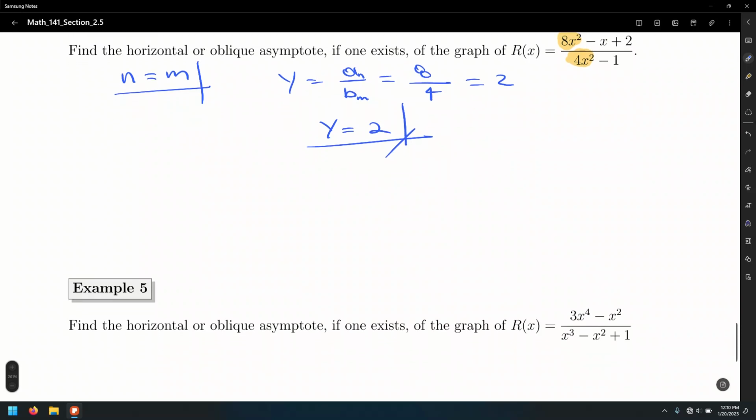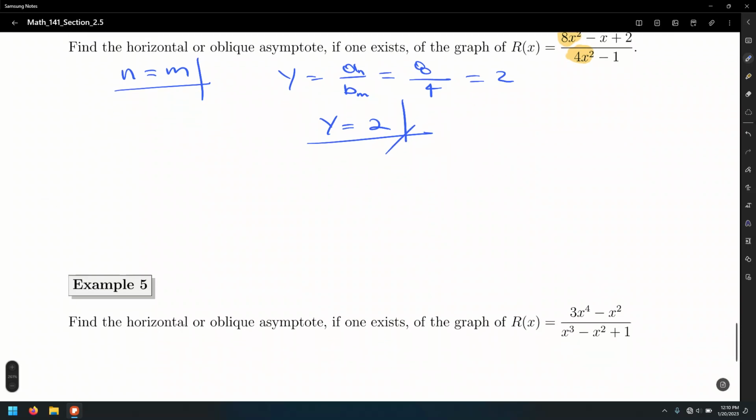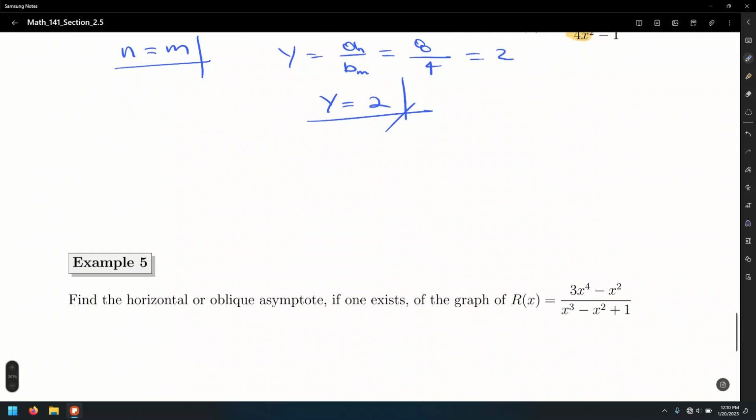Well, one more example: find the horizontal or oblique asymptote if one exists for the graph r of x equals 3x to the 4th power minus x squared divided by x cubed minus x squared plus 1. In this case, again, focus on the leading terms of every polynomial that you see in the numerator and denominator.